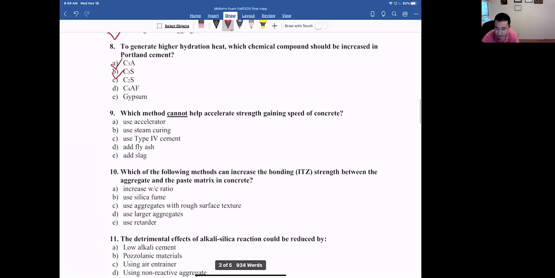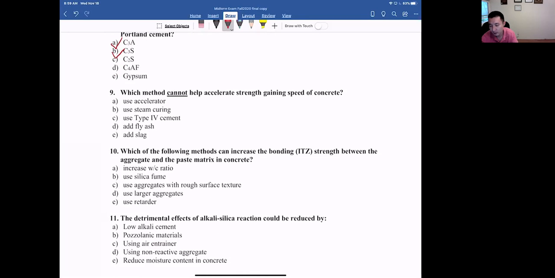Question number 9, which method cannot help accelerate strength gaining speed of concrete? Use accelerator, of course. We can use steam curing. More moisture and higher temperature will accelerate the chemical reaction, the hydration. So that will accelerate strength gaining speed. Type 4 cement, that's low heat cement.